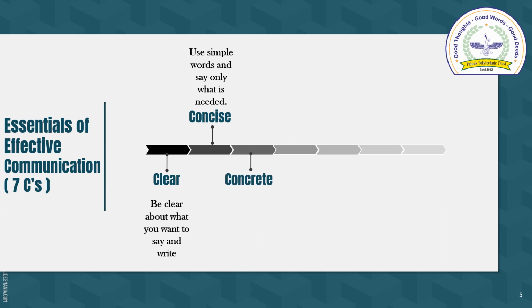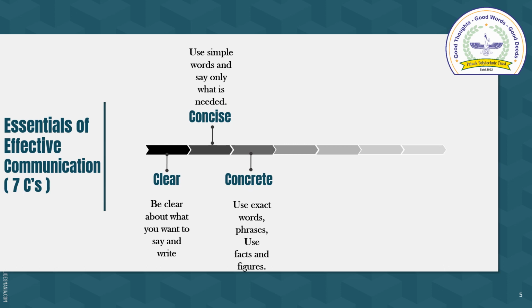The next important essential we have is concrete, or some people also call it as concreteness. It says that use exact words or phrases, use facts and figures. That means the message what you are writing or what you are communicating should be specific, not a general message or not a general communication.